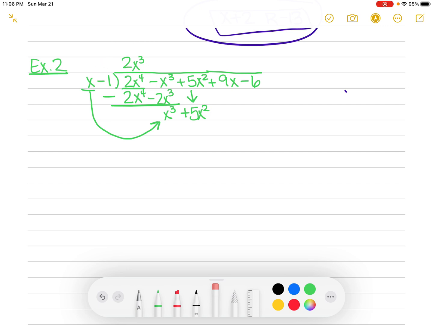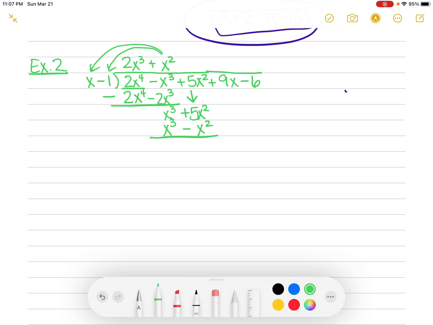Think about it for a minute while I'm erasing all these arrows. And when I say number, that could be variable also. So I'm going to need a plus x squared, because when I multiply these two now, I get x cubed. But I also have to do distributive property. I have to multiply by the negative, so that's going to give me minus x squared.